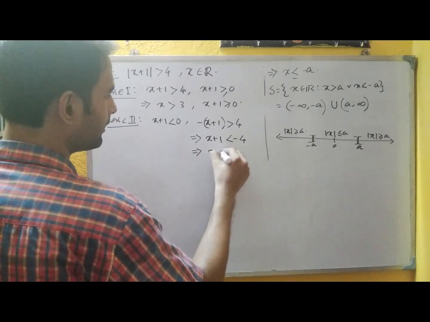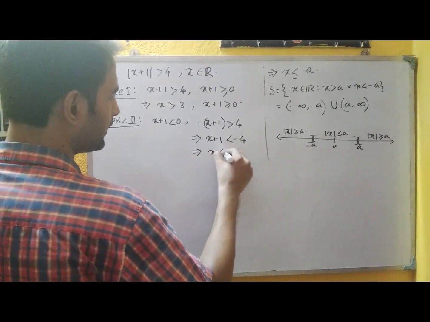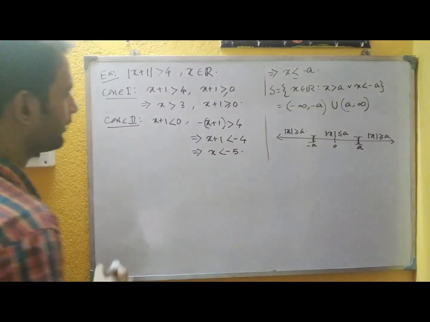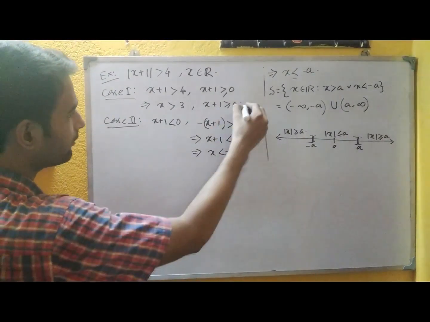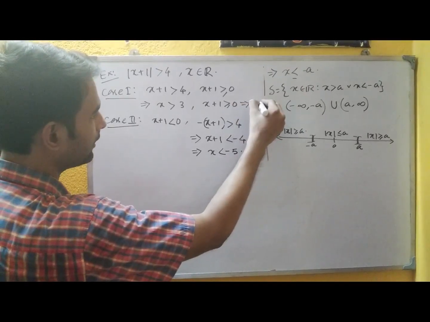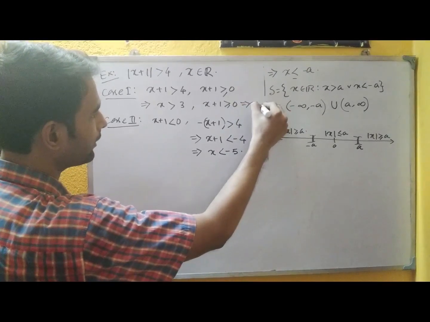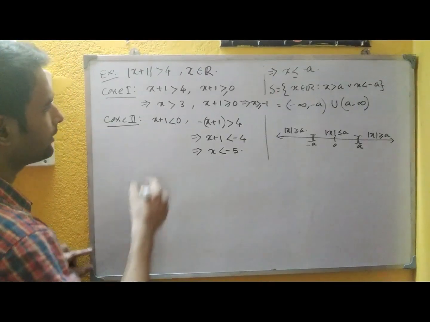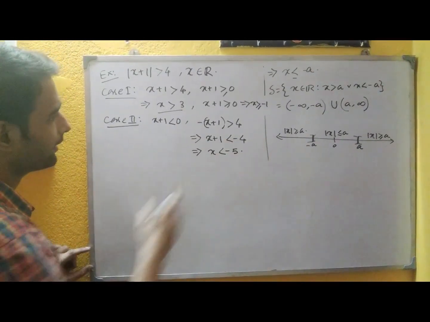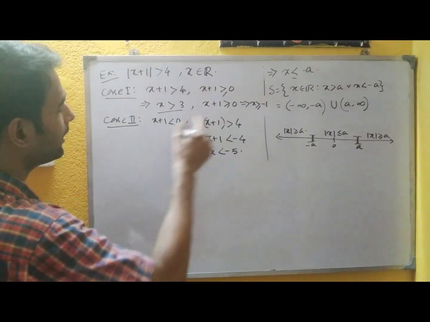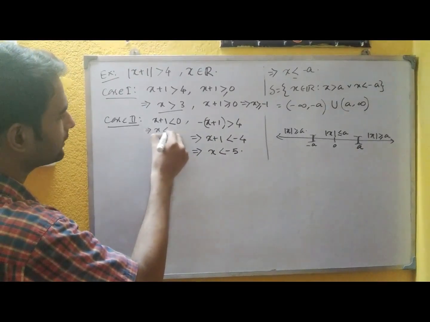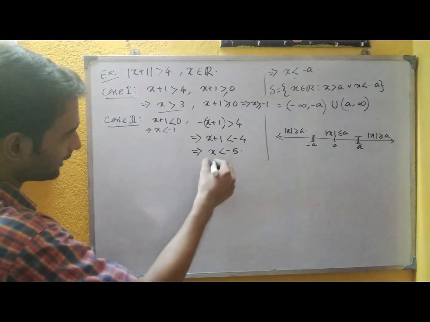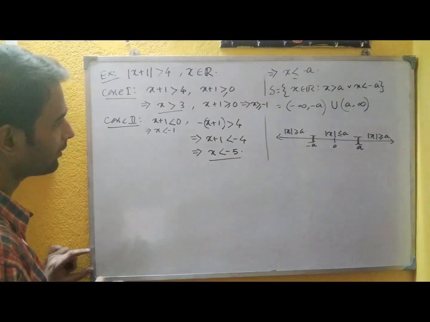That will imply x plus 1 is less than minus 5. So here we can say when x is greater or equals to minus 1, then we are getting x greater than 3, and that is satisfying the condition. When x plus 1 is less than 0 means x is less than minus 1, then we are getting x is less than minus 5.